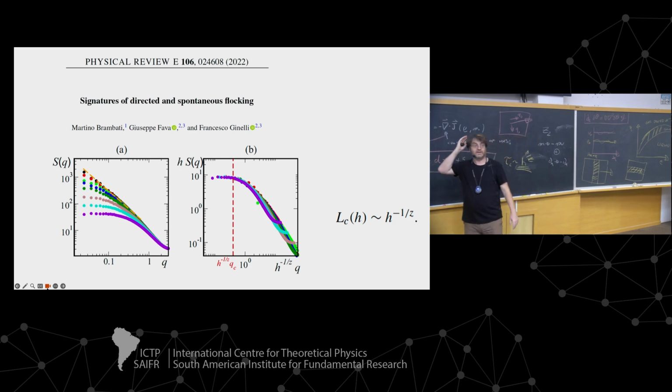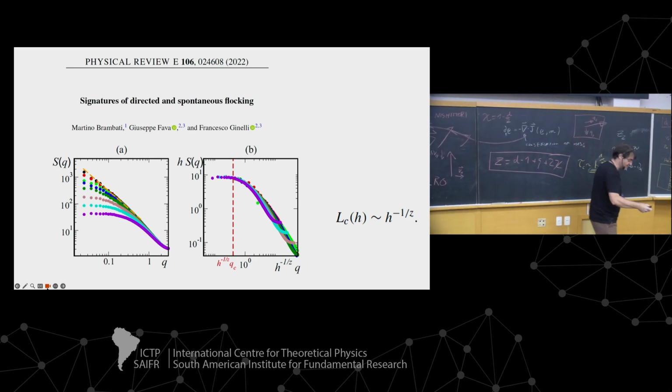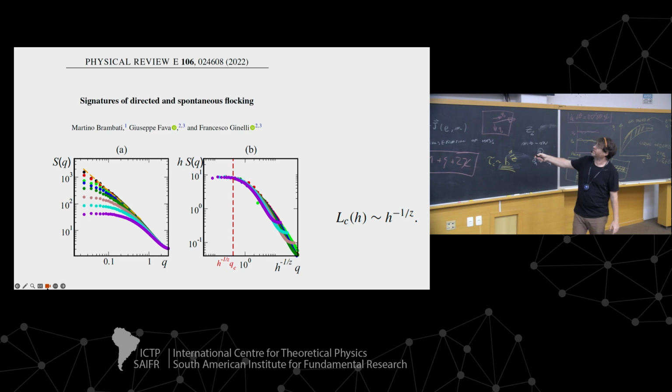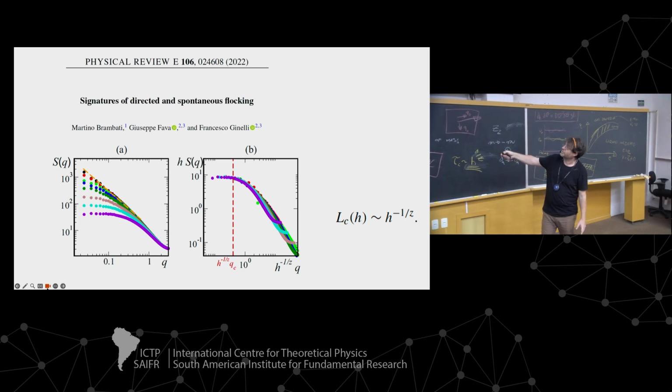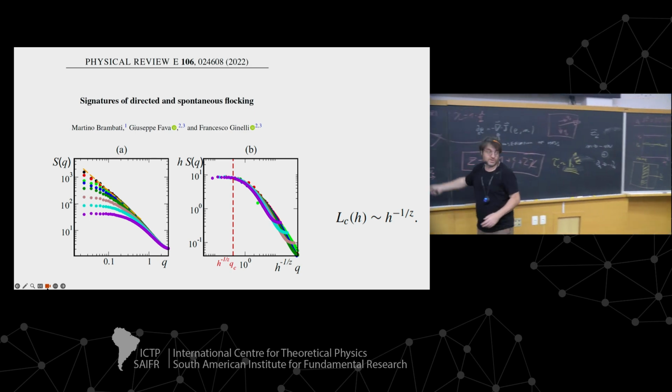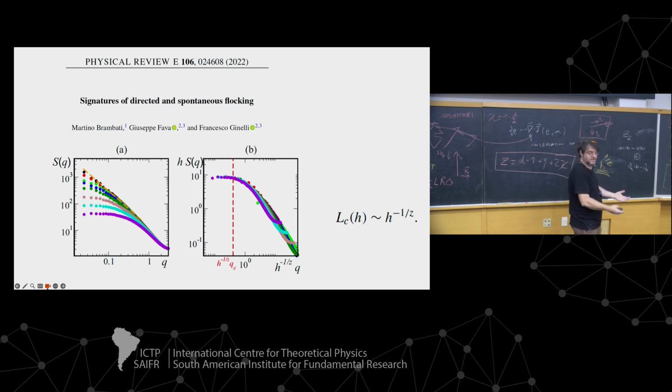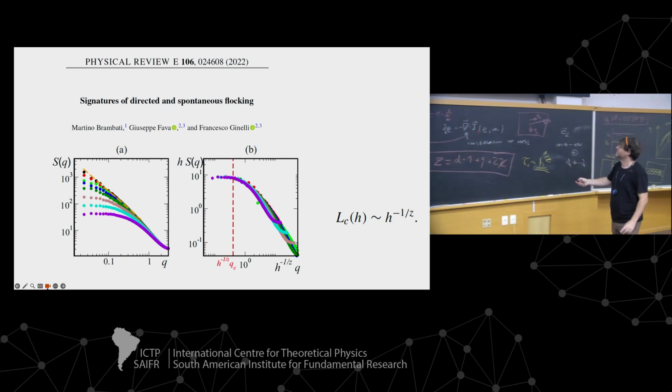If you have a driving anisotropy, then your structure factor is going to bend at a certain point and go to a constant value. Of course, the shorter the scale at which this happens, the stronger the driving.